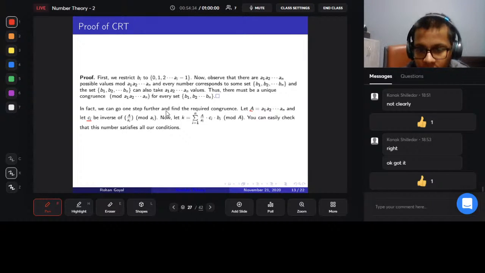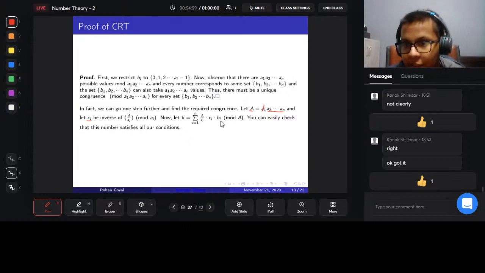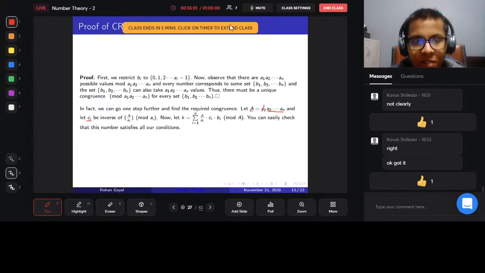Because if I remove, for example, A1, the remaining number is co-prime to A1, so I can find an inverse of it. Let that number be Ci for Ai. Now, if I let K equal the sum of A upon Ai into Ci into Bi, what do we get? Think about it. I'll just check congruence with every number.